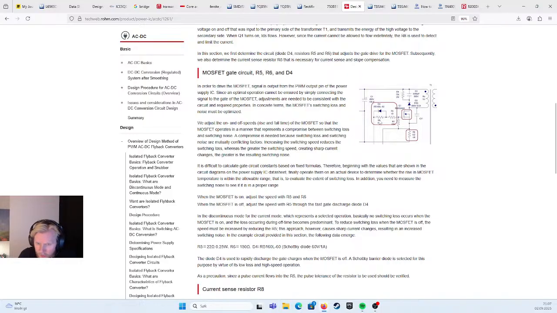R5 10 ohms, R6 150 ohm. When the MOSFET is off, adjust the speed with R5 through the fast gate discharge diode D4. In the discontinuous mode for the current mode, which represents a selected operation, basically no switching loss occurs when the MOSFET is on. The loss occurring during off time becomes predominant.